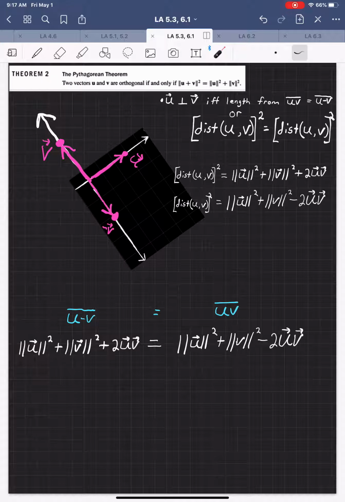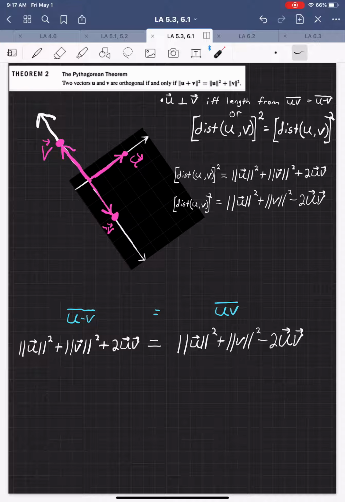So now let's discuss perpendicularity. To say that two vectors are orthogonal, the words orthogonal, normal, and perpendicular, we're going to use them as synonyms.